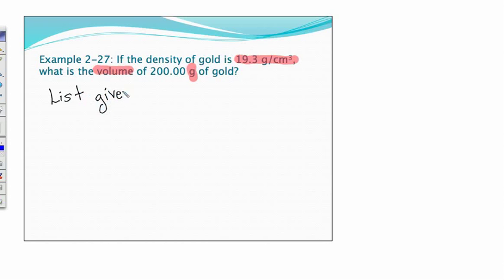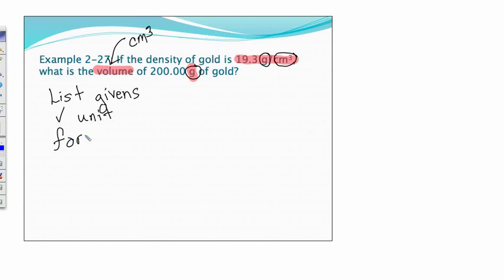I'm fine with circling. You want to check your units. We have to have agreement. If density is in grams, our mass has to be in grams. Since the volume in the density is in centimeter cubed, that means that the unknown volume that we solve for is going to be centimeter cubed.